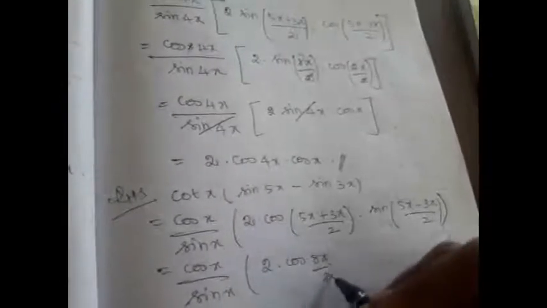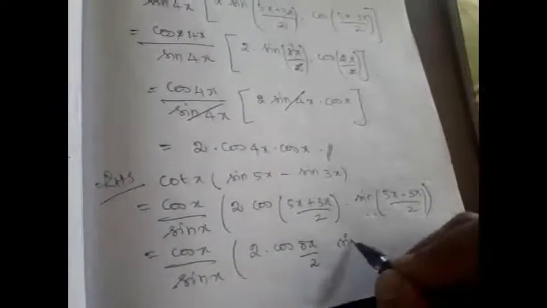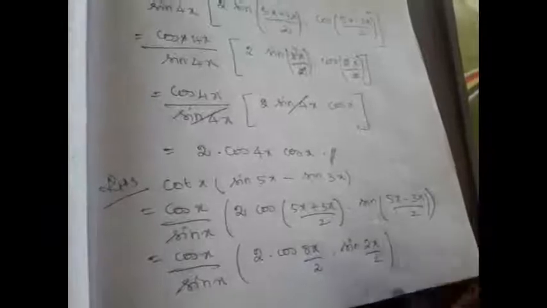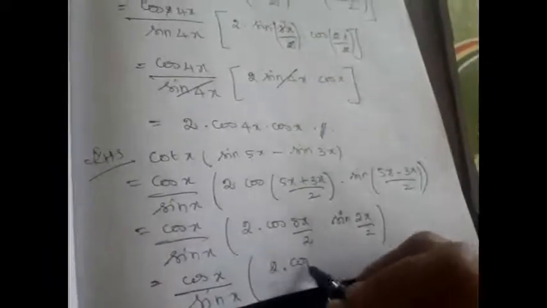Which is equal to cos x divided by sin x, 2 cos 8x divided by 2 into sin 2x divided by 2. The same way, this will become cos x divided by sin x, 2 cos 4x into sin x. Sin x will get cancelled.